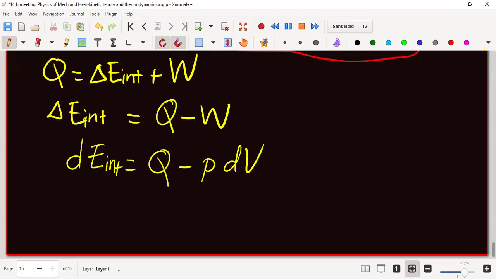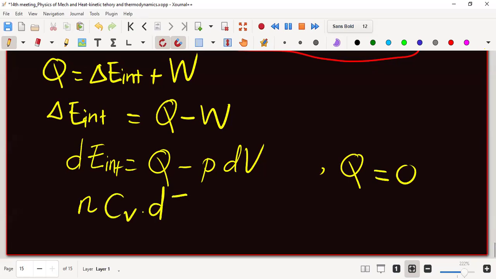Because Q is 0 in the adiabatic process, the internal energy change n Cv dT is equal to minus P dV.